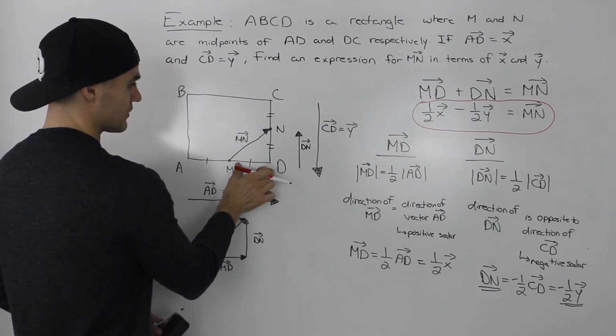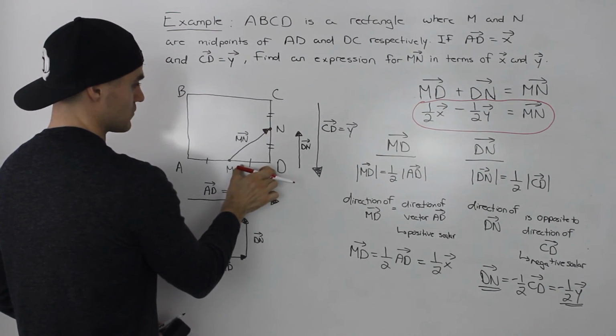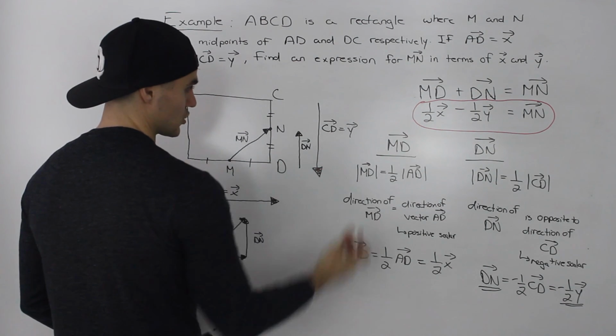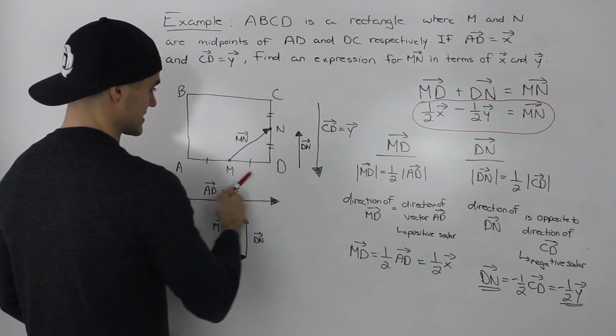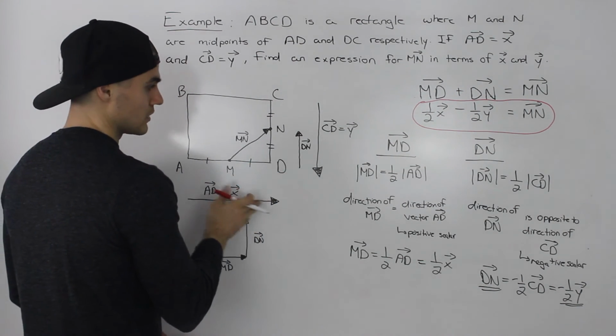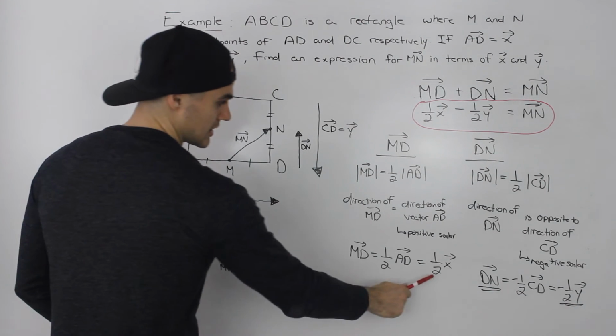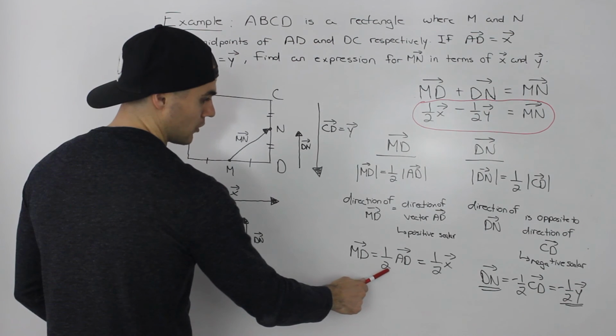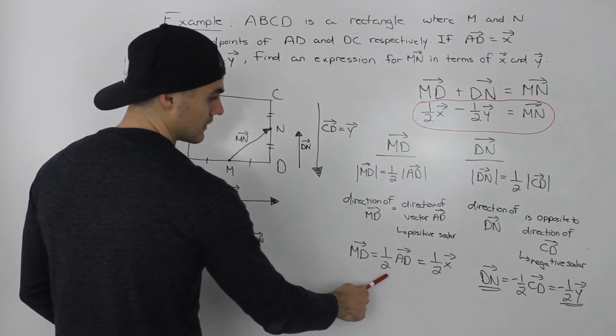Then we dealt with each of these vectors separately. We found an expression for vector MD in terms of X: it's the same direction as vector AD, but half the magnitude. Because it's the same direction, it's a positive scalar, and since it's half the magnitude, we multiply by positive 1/2.